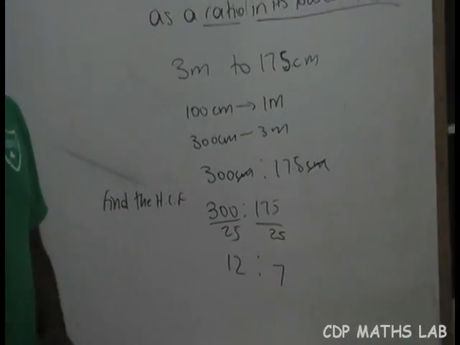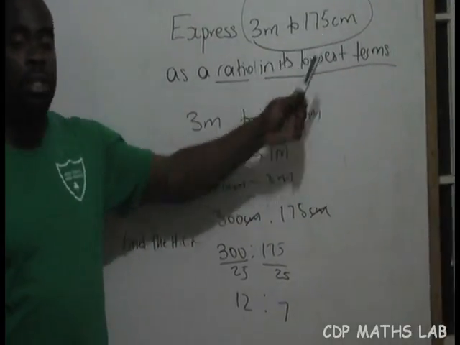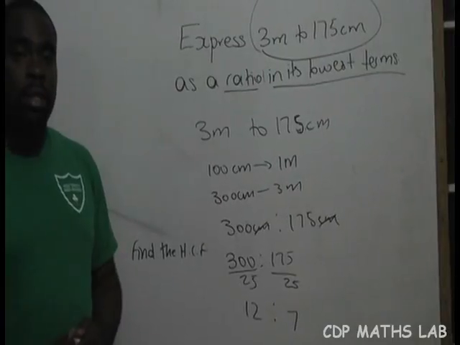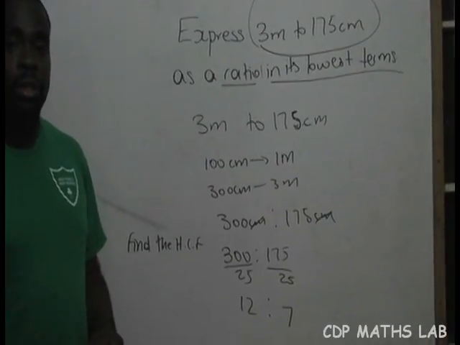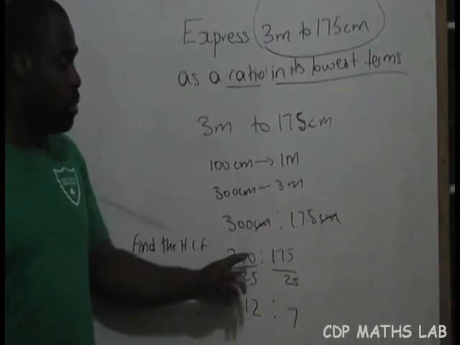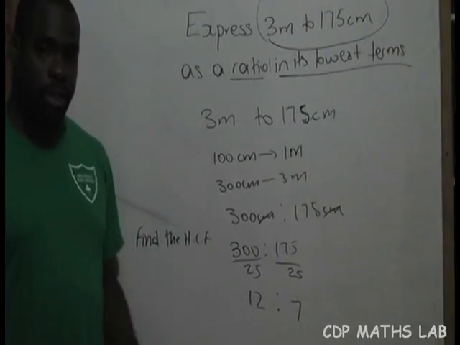So the idea about expressing ratios in their lowest term is to find a factor that is common to both numbers in the ratio, and you use the highest common factor to divide both numbers so that you can find its lowest term.